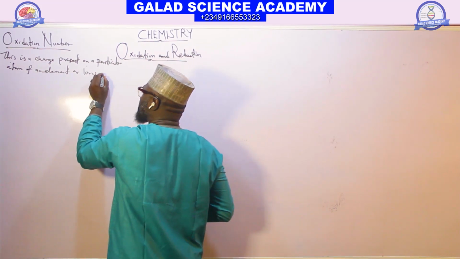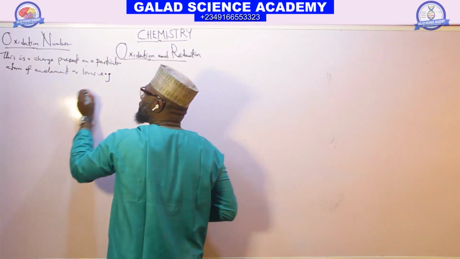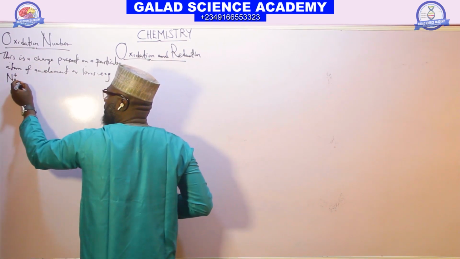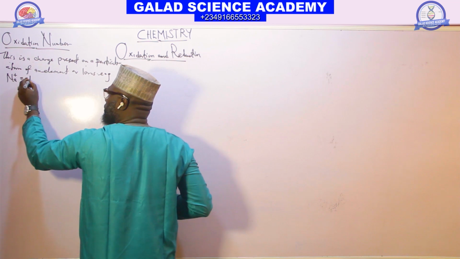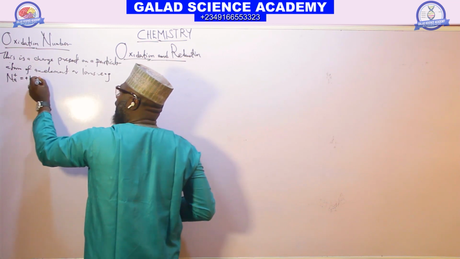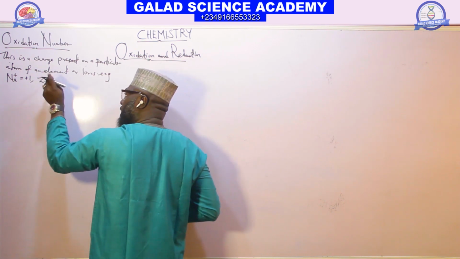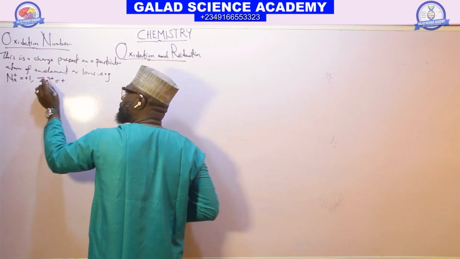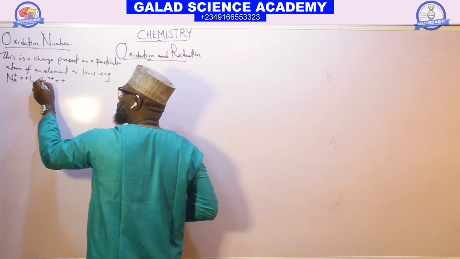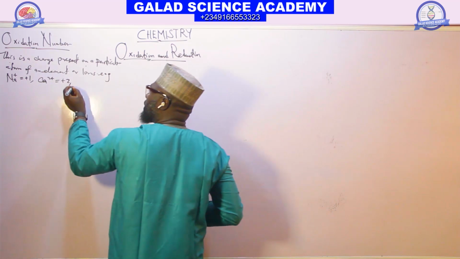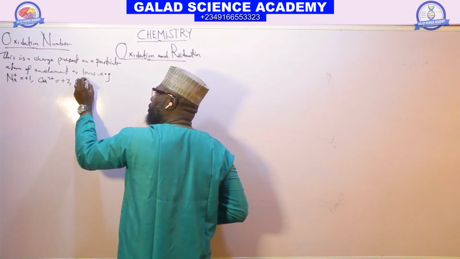For example, if you have Na+, what's the oxidation number? Plus 1. If you have calcium, it is plus 2. If you have oxygen, 2 minus.